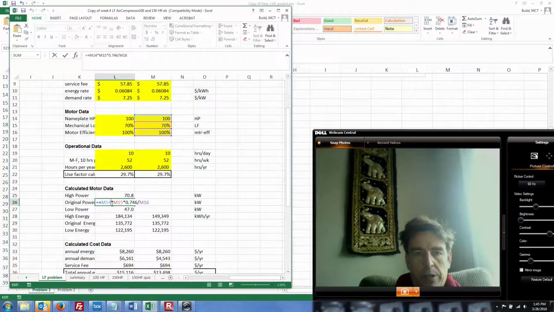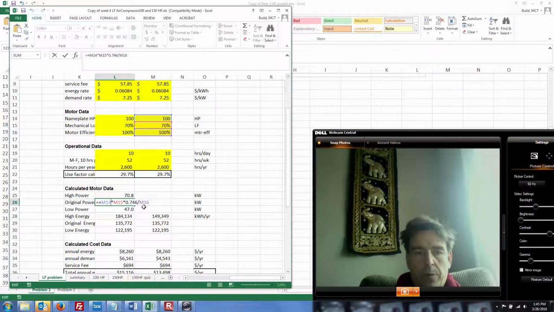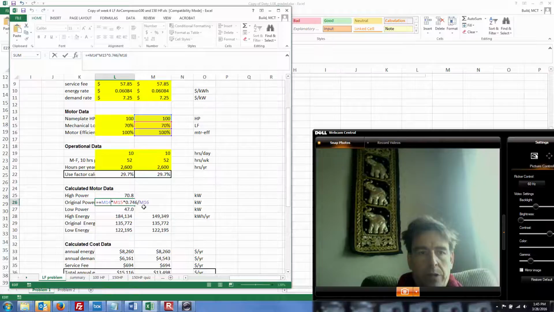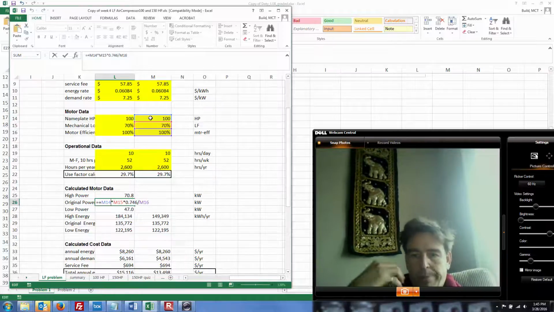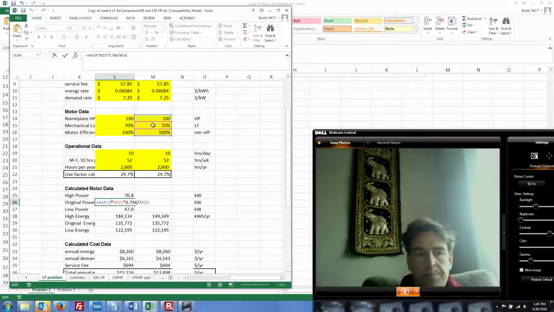Let's just double check on that. Okay, so he's using 0.746 as I mentioned before. So M14, that's the nameplate horsepower, so the more powerful it is, obviously, the more demand you're going to get, times M15, which is the load, so it's not going to run at full capacity, it's only going to run at 70%. It's the mechanical load.